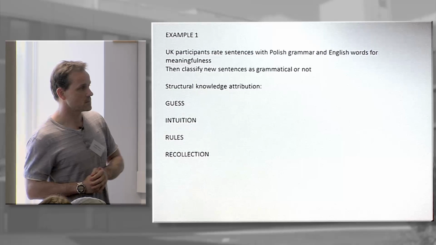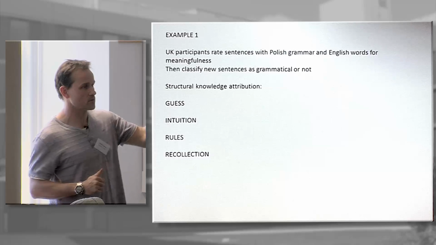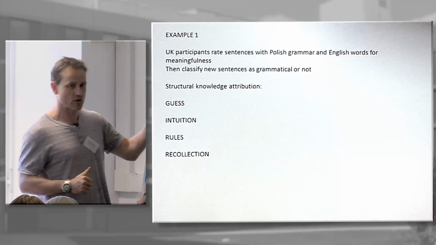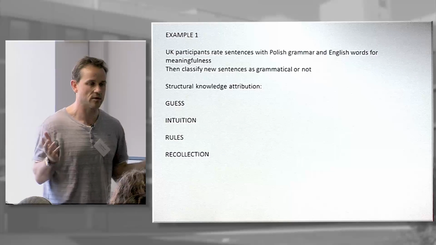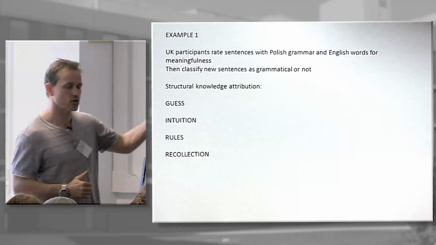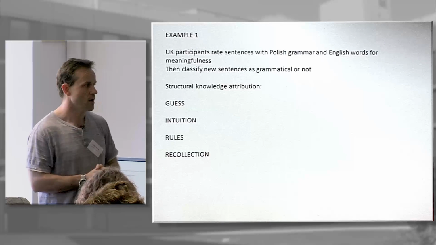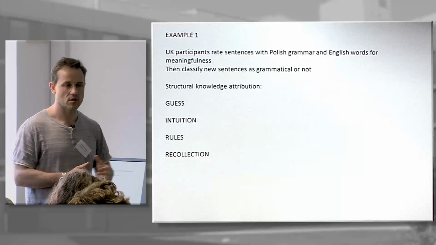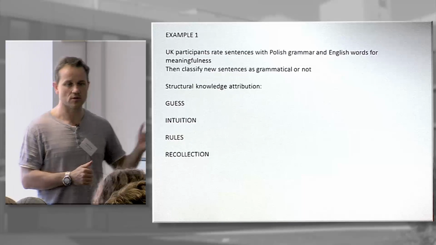For each judgment, you say, did you base this just literally on a guess? It was completely random, the basis of your judgment. Or you had some feeling like intuition or familiarity that guided you. Or you had some rule that you could state, or you recollected this sentence having occurred before.